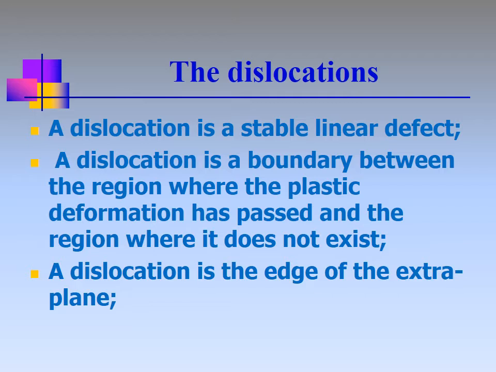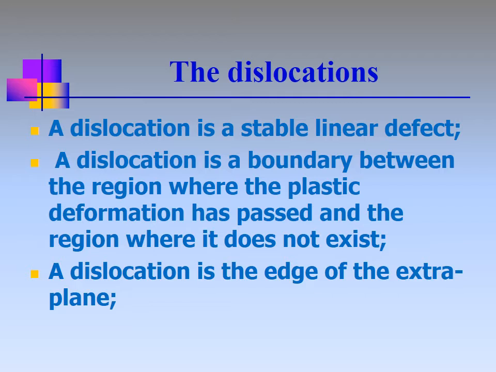In other words, in the process of plastic deformation, at such an instant of time, it is possible to detect a moving boundary between regions in which plastic deformation has already occurred and an area where there is no deformation yet. This boundary is the line of dislocation.